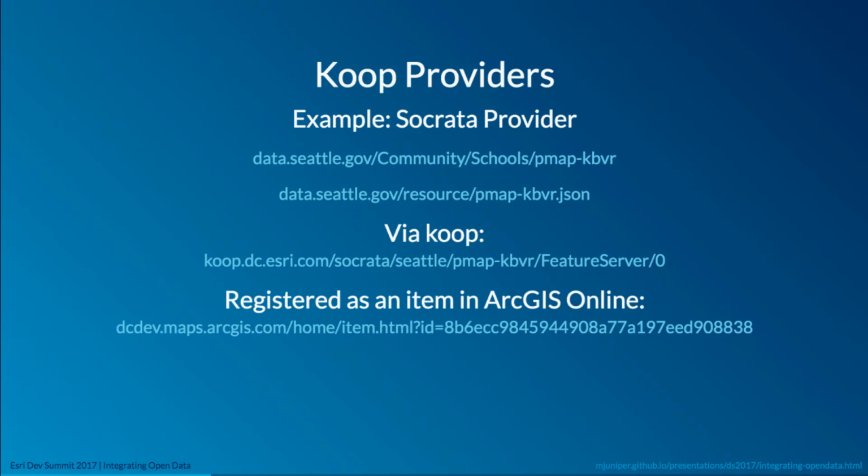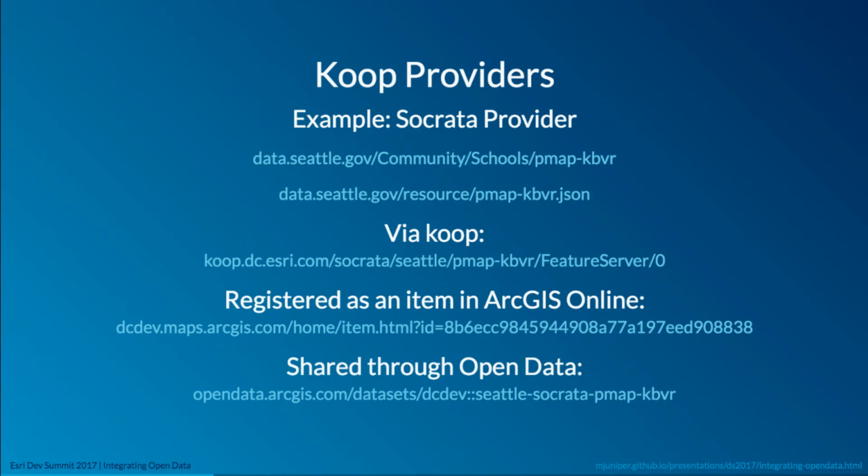And what that enables us to do is to say, well, cool, let's turn it into an ArcGIS Online item. So we just create a new item, plop that link in, and now we've got something in ArcGIS Online. And if you want to take the final step and bring it into ArcGIS Open Data, you just, as Mike described, put it in an Open Data group, and we will bring it into ArcGIS Open Data, and that data set is now available at that URL.